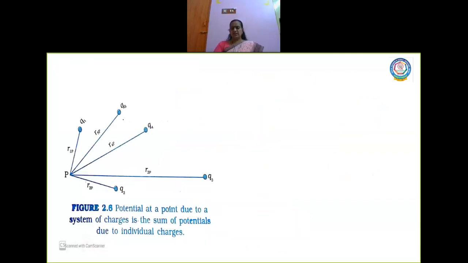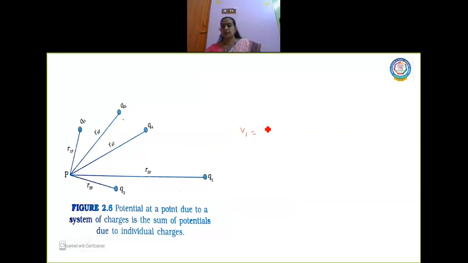And the next is a very small topic where you talk about a system of charges. Now let us consider a point P, and you have a system of charges q1, q2, q3 with position vectors r1, r2, r3, etc. So to start with, what is the potential at P due to the charge q1?